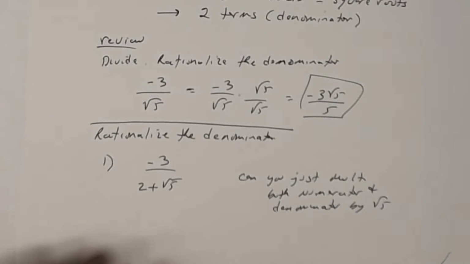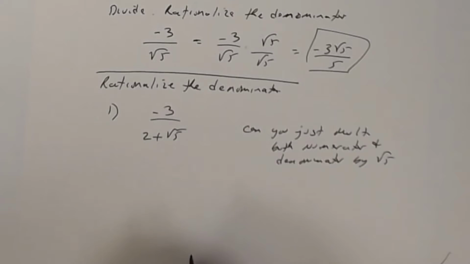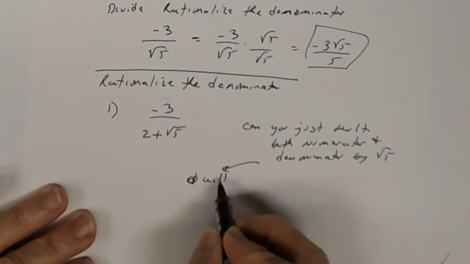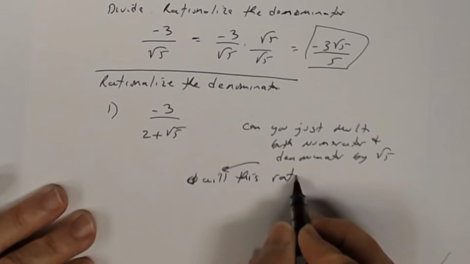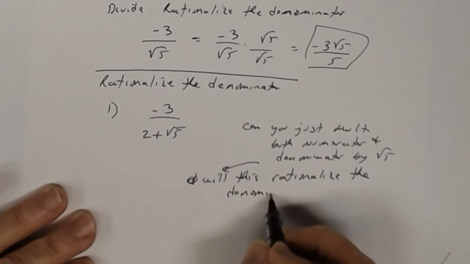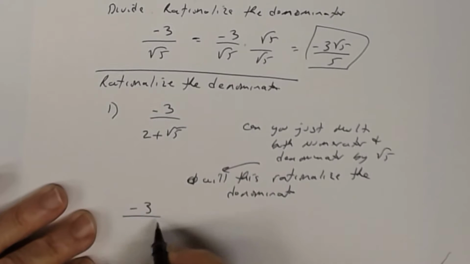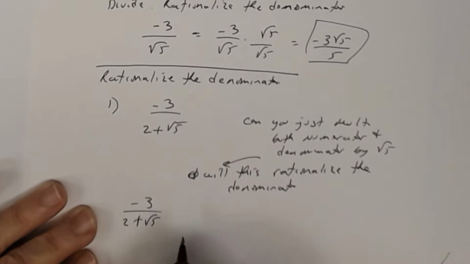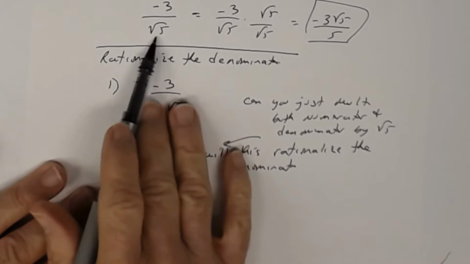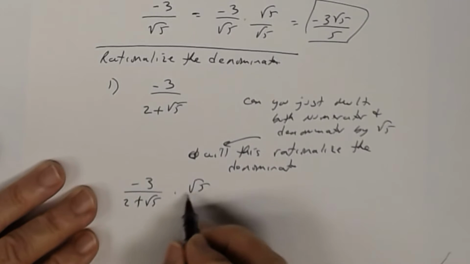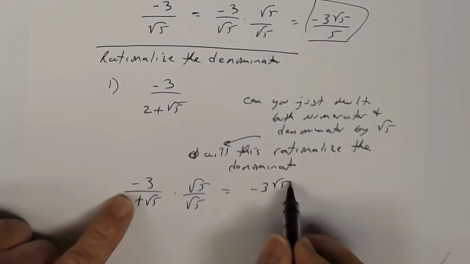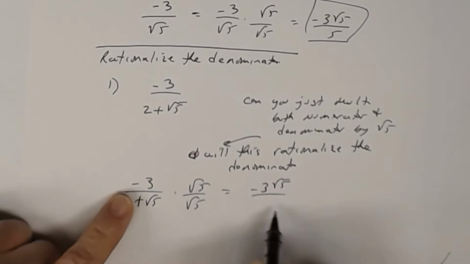All right, let's check and see if it works. Will this rationalize the denominator? Let me rewrite the problem. If I use the approach where I just multiply both numerator and denominator by that square root, will that work? The numerator is negative 3 square root of 5. It's okay to have a square root in the numerator, you just don't want it in the denominator.